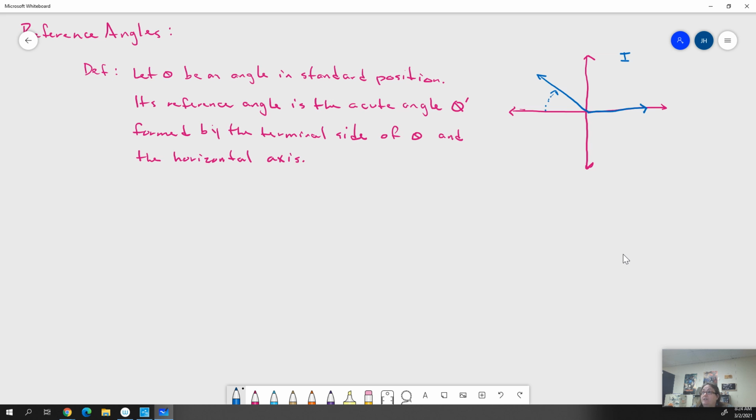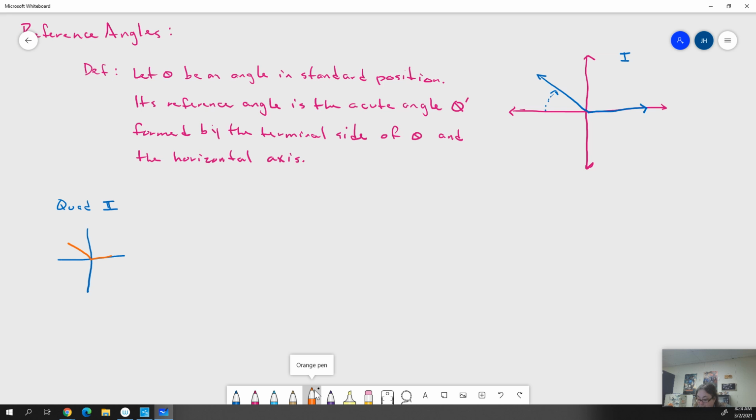But if it's in quadrant 2, say an angle like so, right?